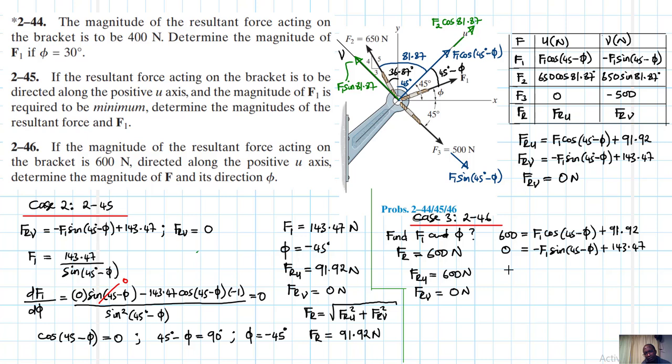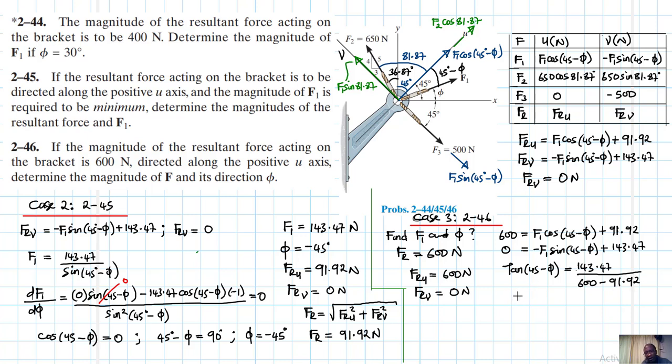then we are going to have tan(45 minus phi) is equal to 143.47 divided by 600 minus 91.92.